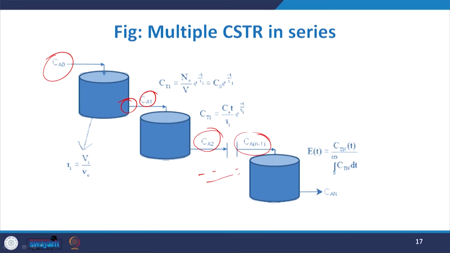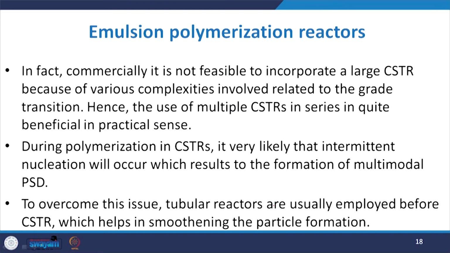So you can have n number of reactors in series to get the final product in this concentration. In fact, commercially it is not at all feasible to incorporate one large CSTR, because of the various complexities that may be involved in due course of time, attributed to the gel transition, etc. Therefore, the use of multiple CSTRs, as reflected in this figure, is quite beneficial in practical approaches.